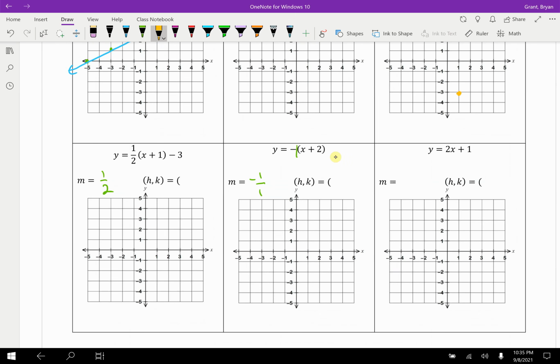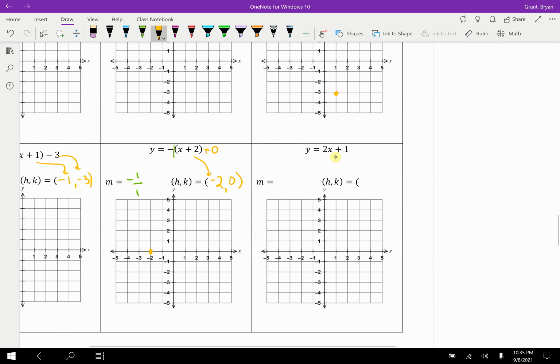Fourth one, -1, -3, down here. Fifth one, well, this is clearly the H. It's inside parentheses. It's the opposite. But what's the K? Well, just like with slope-intercept form, if there's nothing outside the parentheses, we can certainly put a +0. And so we start at -2, 0.